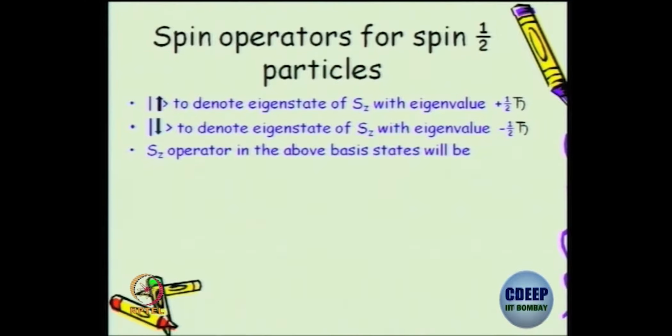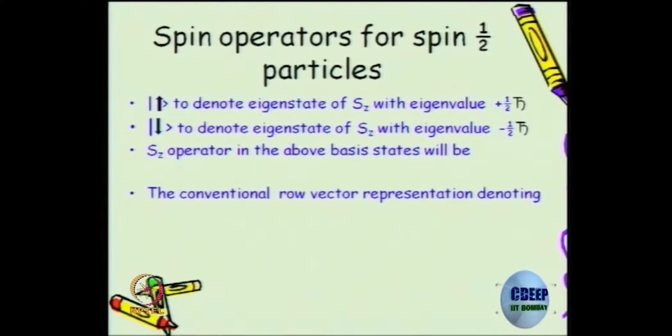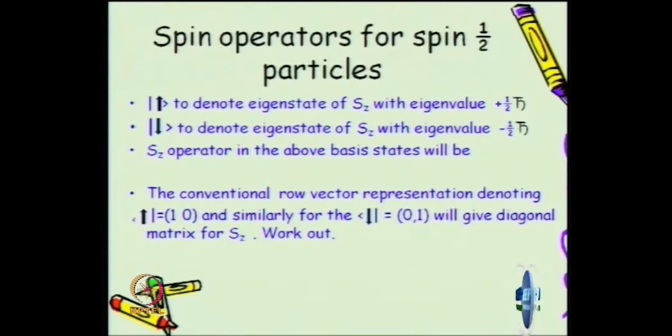For the Sz operator in the above basis, you can write the up state and down state, and the corresponding dual vector as a row vector, and you can work it out.